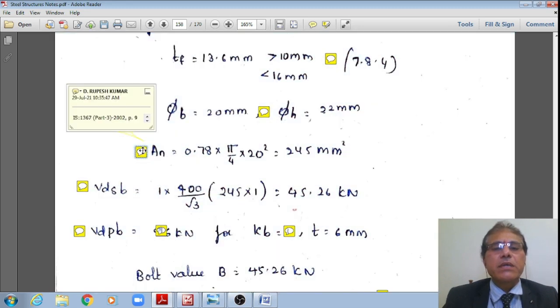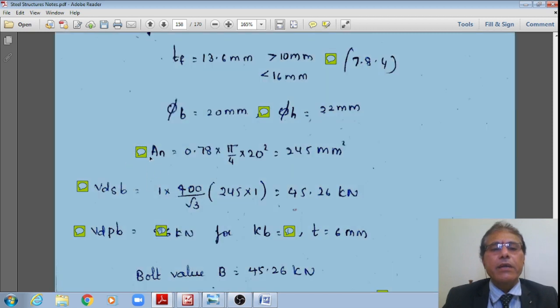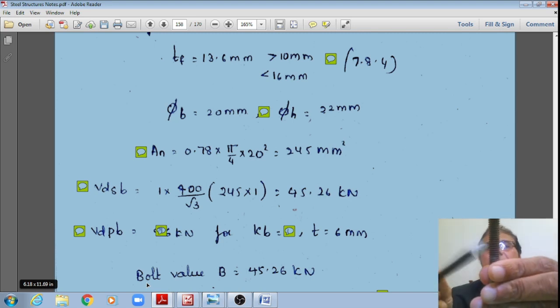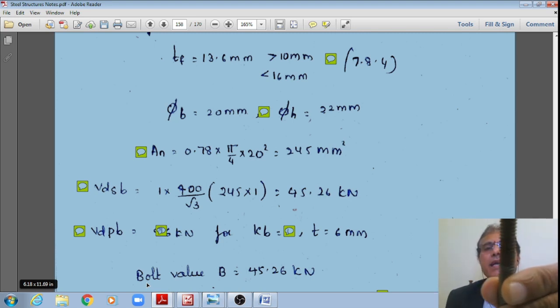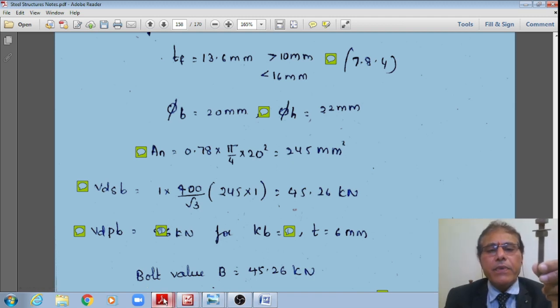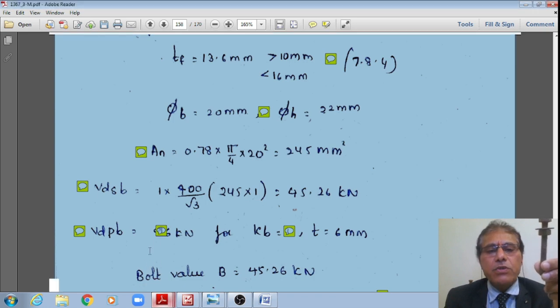And if I go to IS 1367 part 3 2002, page number 9, student, right? The net area along the threaded zone, otherwise the threaded area, of this 20 mm diameter bolt is given. Let me revisit this.